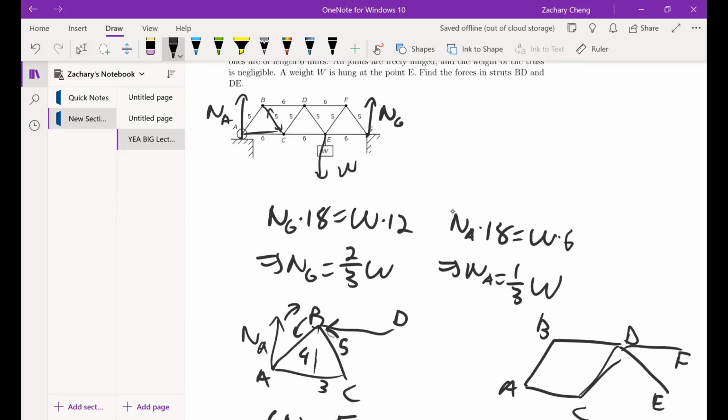If we look at the system pivoting around A, then we can see that the only external forces are from DE and DF.